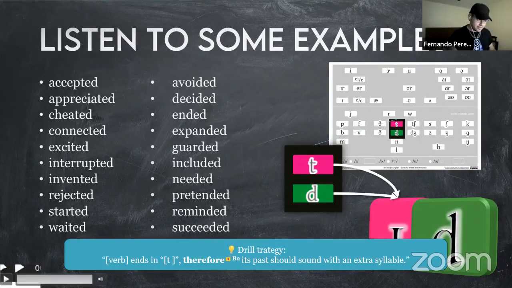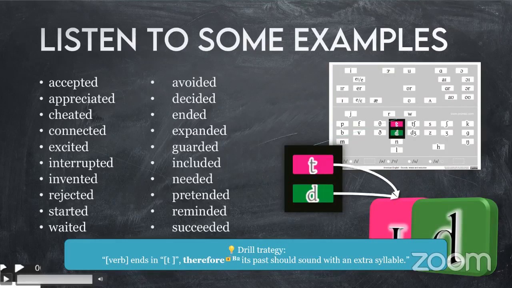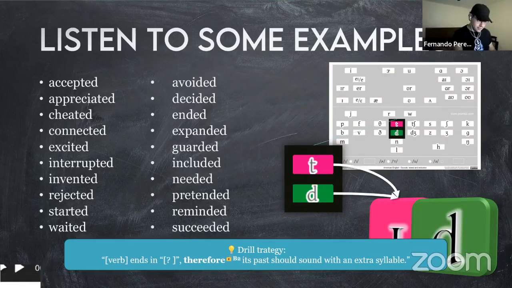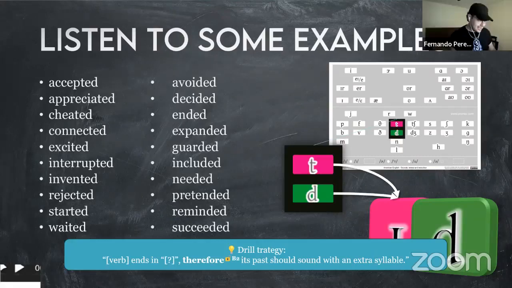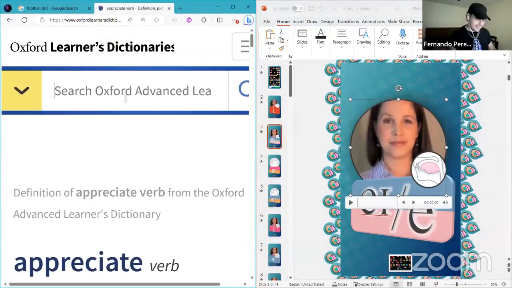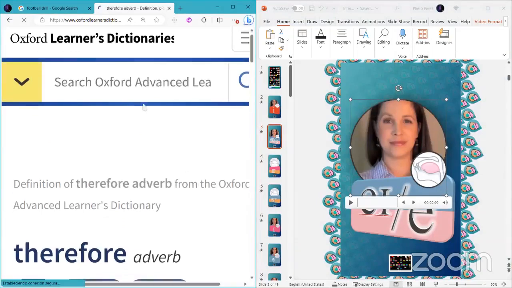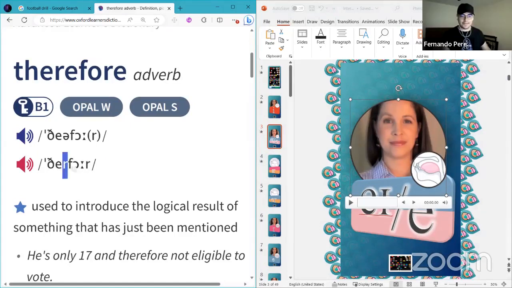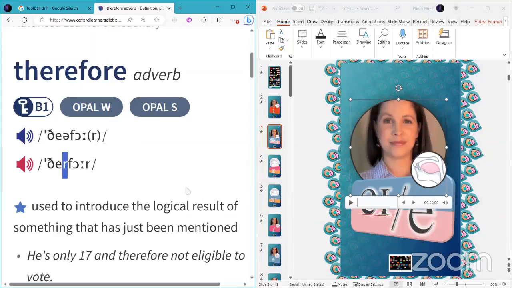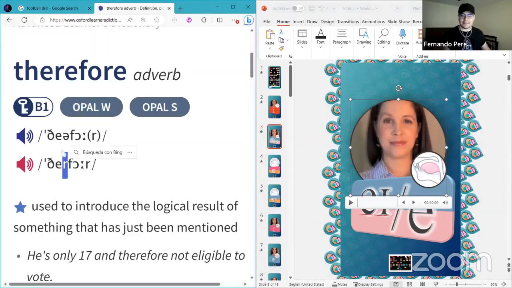Appreciate ends in T. Therefore, its past, how do you pronounce this? Again. Therefore. Sorry. It's not there. This is not the alphabet.